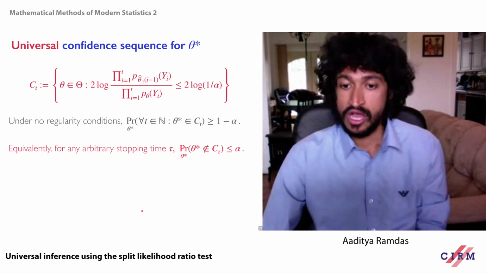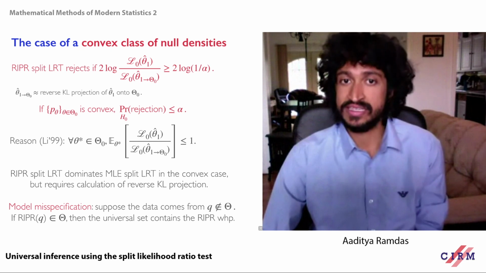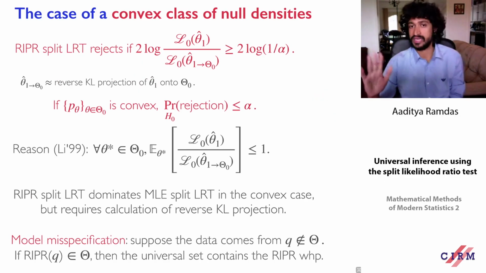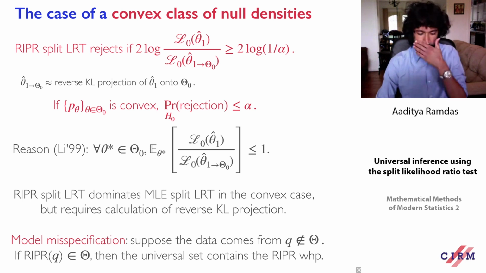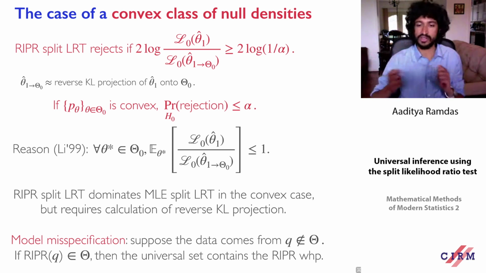Great. All right, so a quick, interesting class of examples which I like thinking about. This is the case of a convex class of null densities. Most null sets are not convex, in the sense that a mixture of two distributions need not lie in there.